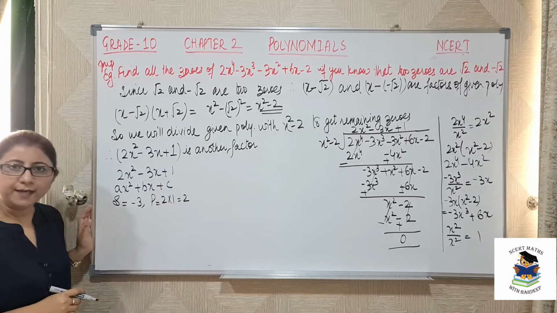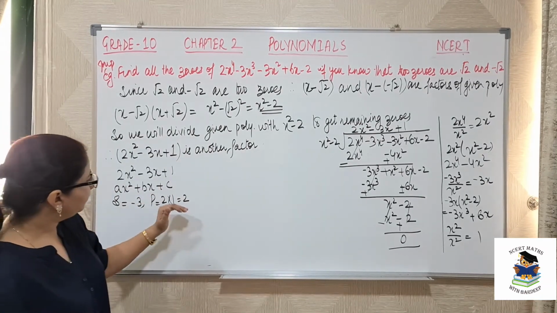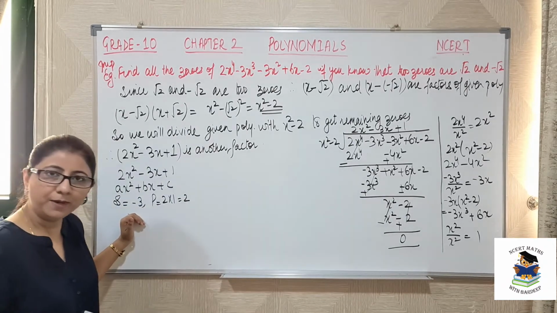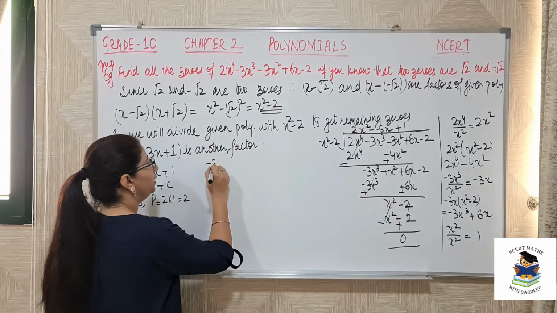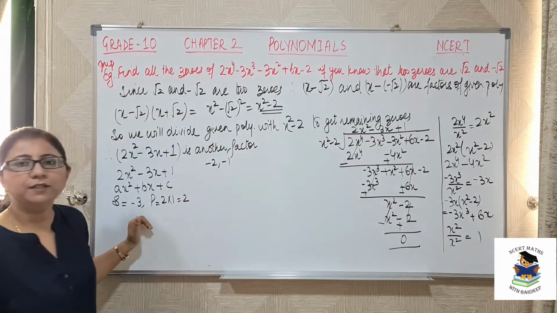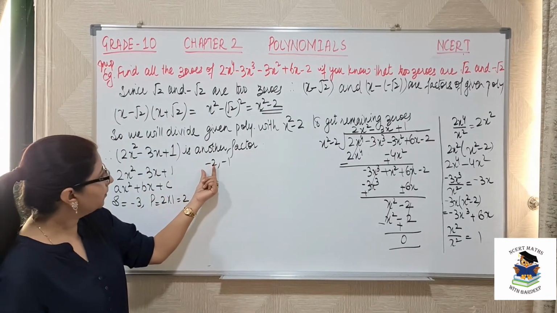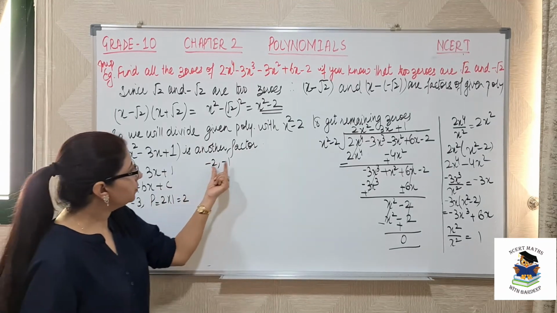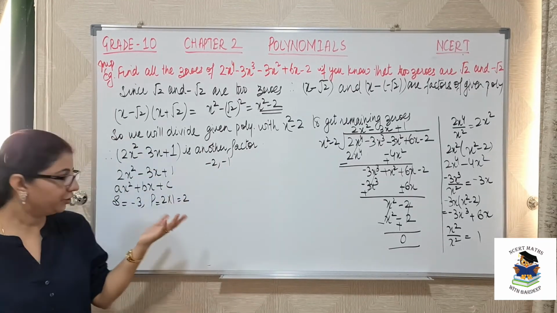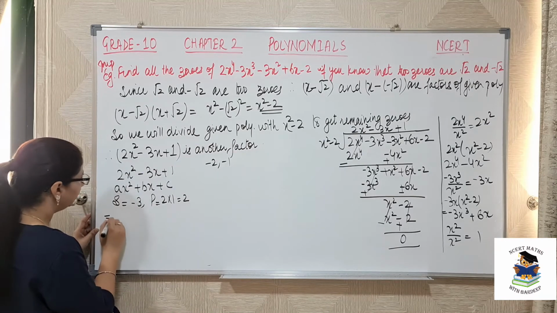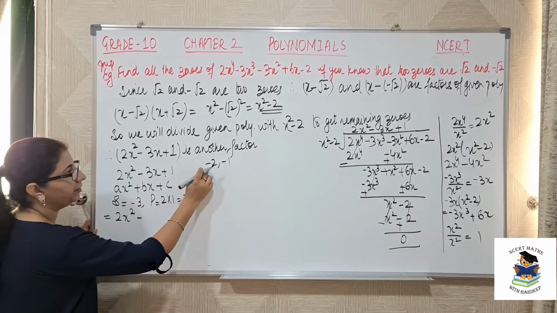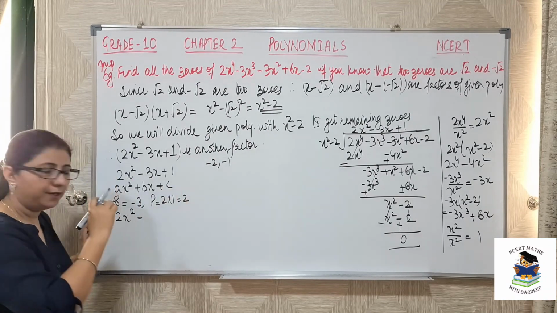So we should find any two factors which when multiplied should give us 2 and which when added will give me minus 3. Okay, so this will be possible if I take minus 2 and minus 1. Minus 2 minus 1, when you add we will get minus 3. Minus 2 into minus 1 is 2. So we will split our given term, that is minus 3x can be written as minus 2x and minus x.